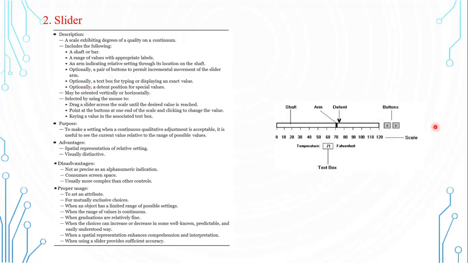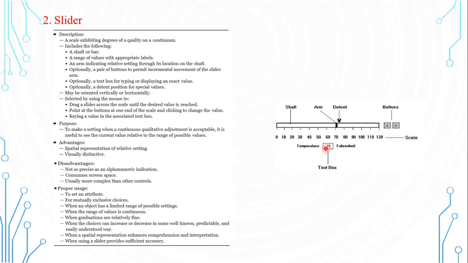These sliders are not as precise as alphanumeric indication, because here you are just going to move the arm on the shaft. The values will be increasing and decreasing, but it's not as precise as alphanumeric indication.